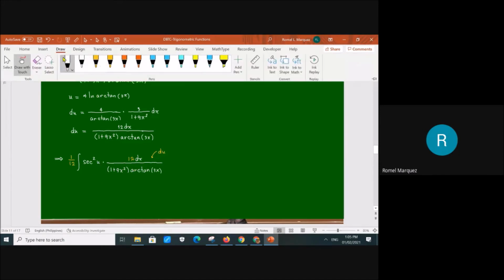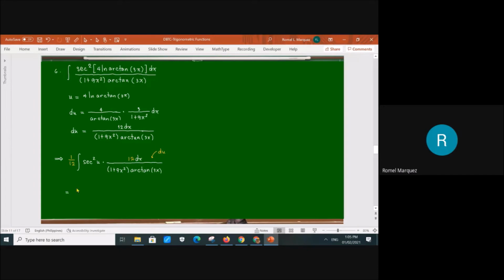What's the answer, guys? It is equal to 1 over 12 tangent of u. But what is my u, guys? 4 ln of arctangent of 3x.